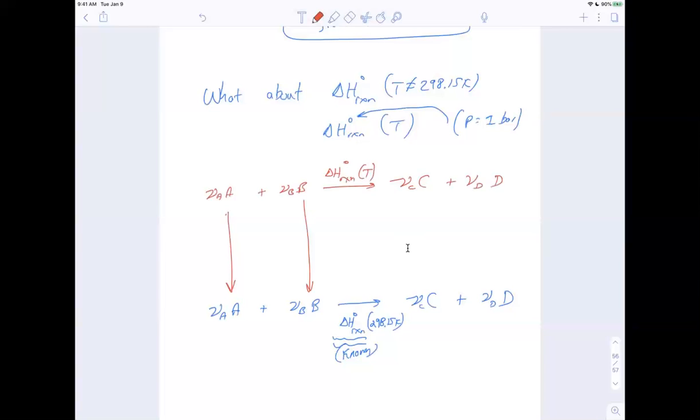And then all we're going to do is take C from 298.15 back to whatever the temperature is. And then we're going to take D back to whatever the temperature is that we're interested in.